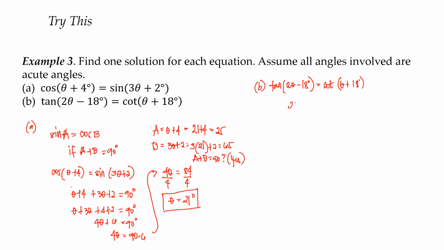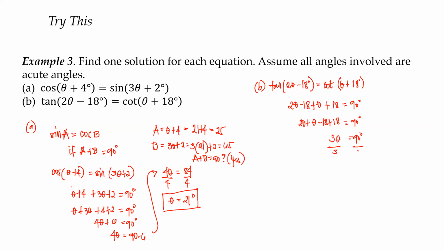So that is 2 theta minus 18 plus theta plus 18 is equal to 90 degrees. We arrange 2 theta plus theta minus 18 plus 18 is equal to 90 degrees. Negative 18 plus 18, that's 0. Then 2 theta plus theta, that's 3 theta, is equal to 90 degrees.